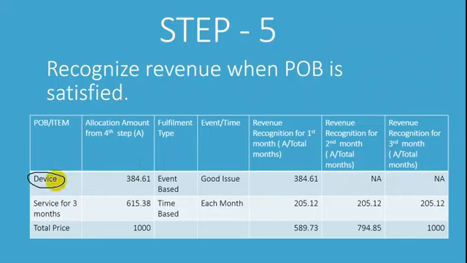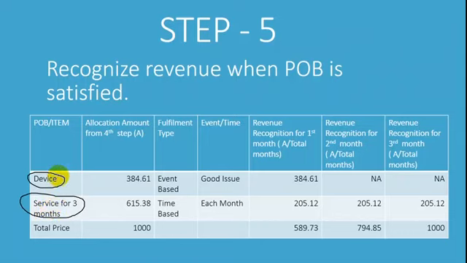That is for the device. When it comes to service, the service is not going to end when you say it to the customer. It's not that if you say, okay, I will provide service for 3 months, then it's done. It is something that for the next 3 months you have to provide services to the customer.